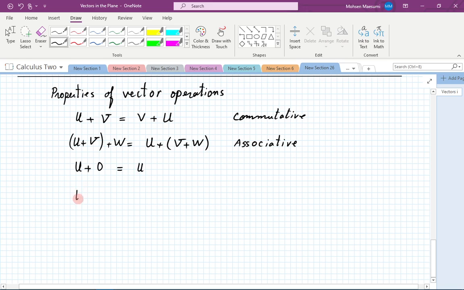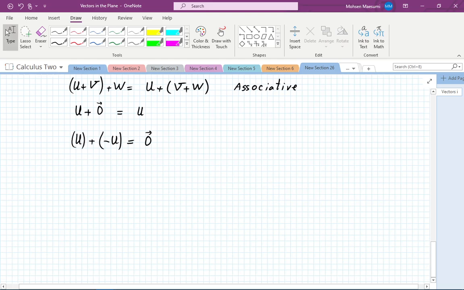Each vector has, if you wish, a sister vector or brother vector that's called the negative of that vector. If you add them, you get 0. Let's emphasize here, this is the zero vector, not a single zero. Rather, it's a list of zeros, zero displacement.